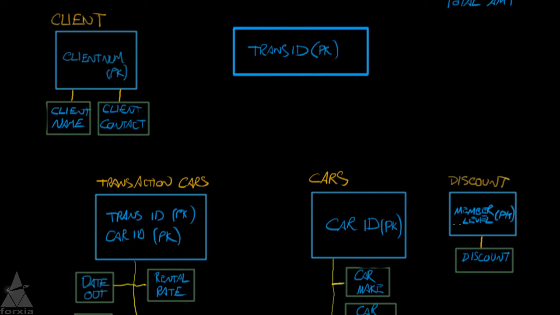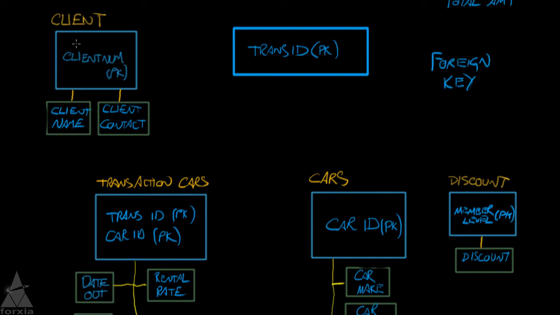What about these other ones? Well, we've lost information about these other tables. So what we'll have to do is create something called a foreign key. And it's basically a reference link that exists in the other tables.